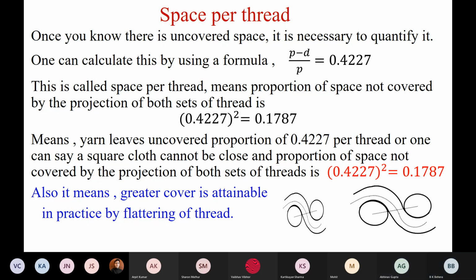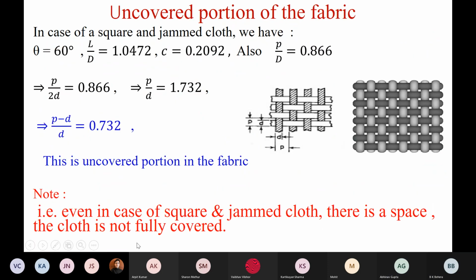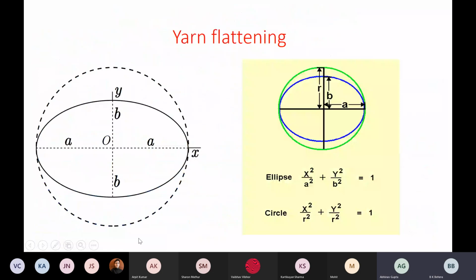Yes, sir. For example, this is the cross section of yarn in the fabric. If you take perpendicular here, tangent at x, tangent at this, this gives the complete projection.